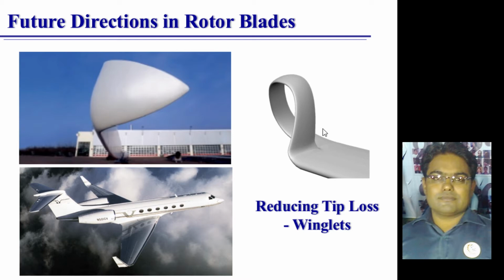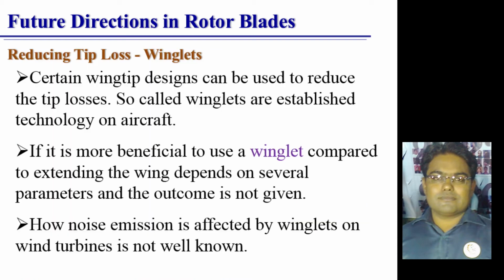So we are putting this kind of tip, called winglets, right, sometimes. So this will basically reduce the tip vortices. When tip vortices reduce, that means unnecessary noise induced due to the tip vortices will get reduced.